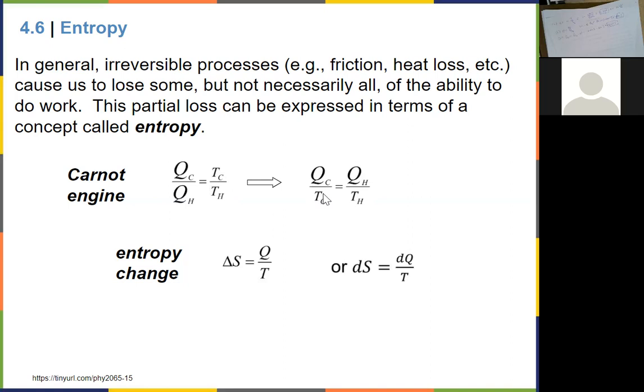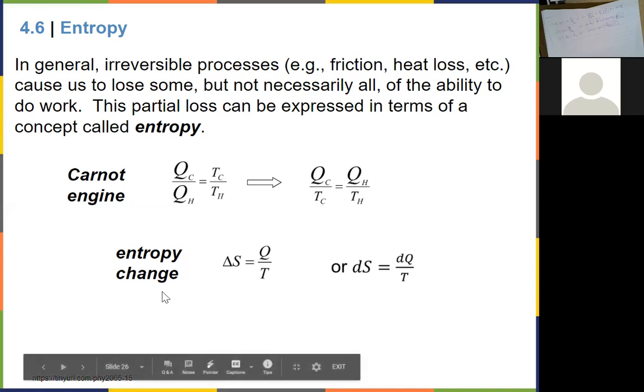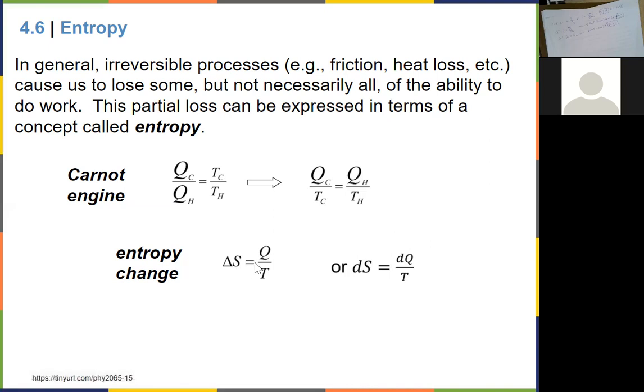Typically what we like to do in physics is, if you have a combination of certain quantities that is equal for one state and equal for the other state, then we define that as a new parameter. Here we call this entropy. So Q over T is defined as the entropy change: delta S equals Q over T. That's called entropy change.